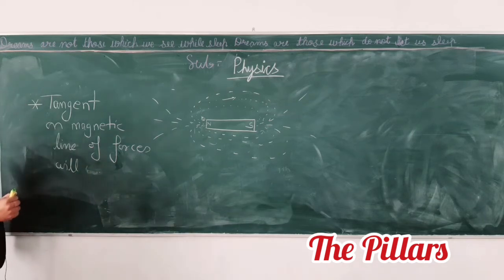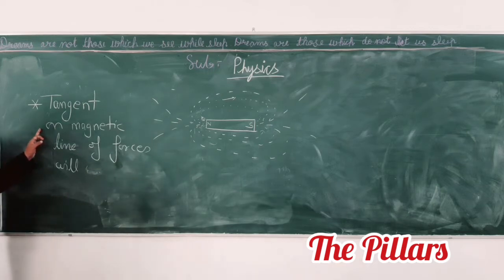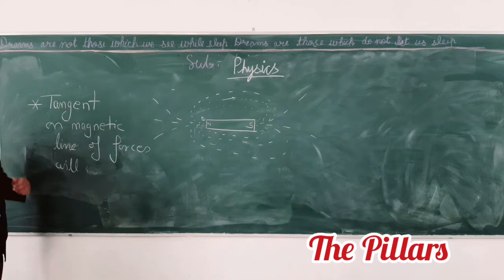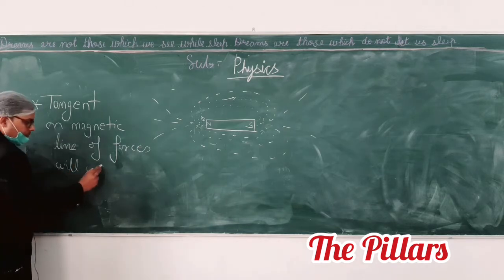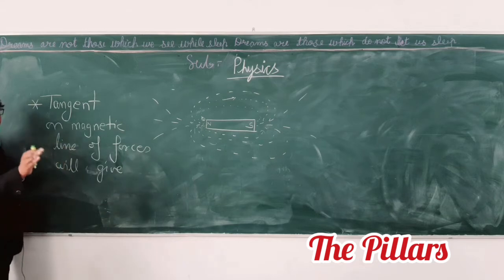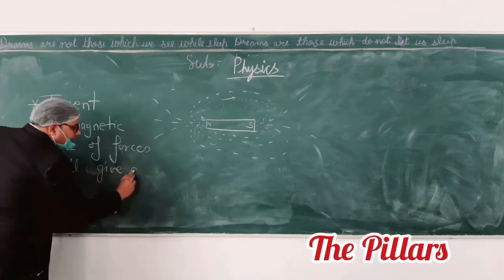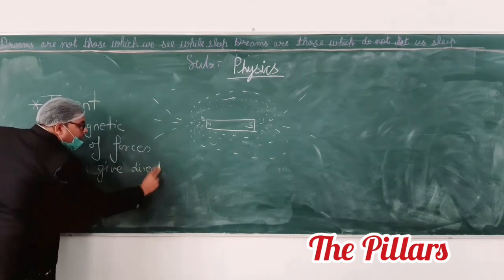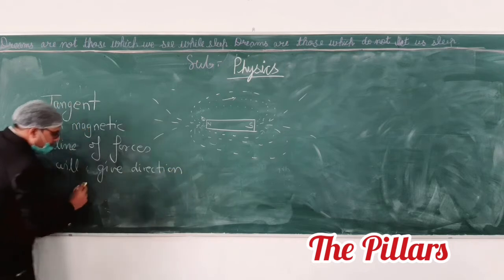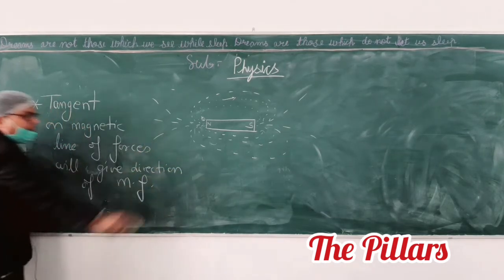What? You have written a magnetic line of forces. That means tangent on magnetic line of forces will give direction of magnetic field. Sir, this is also known as force experienced by the needle, no? Actually, that is the direction where the field is giving, so that is why deflection is coming, na? Okay, this is the first point.